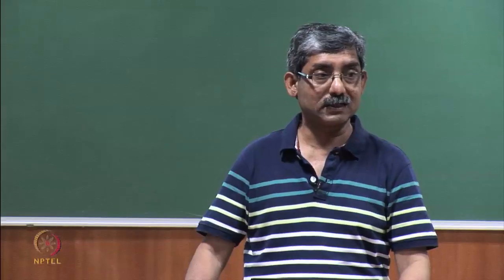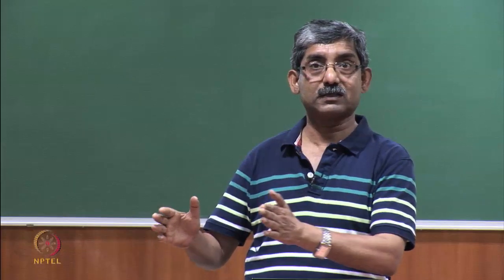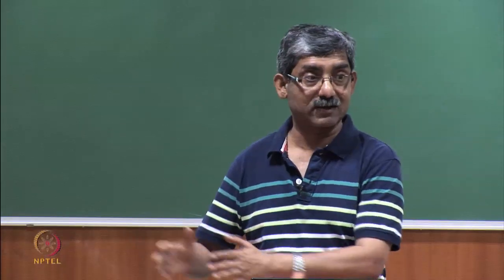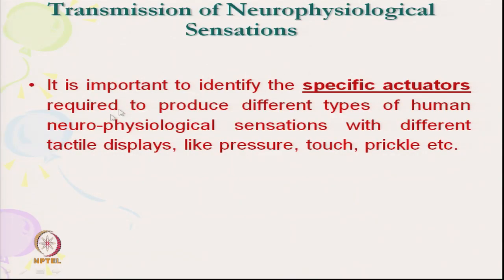Now, we will discuss how this neurophysiological sensation gets transmitted. So, we have discussed that it is important to identify the specific actuators required to produce different types of human neurophysiological sensation, which results in a different tactile display like pressure, touch and prickle, okay.